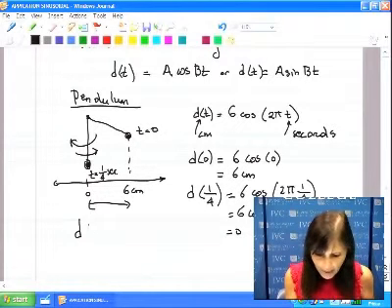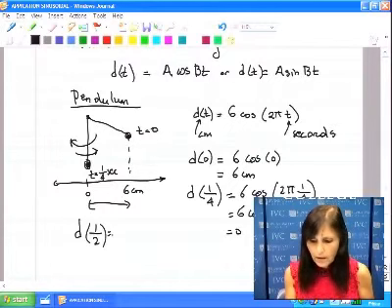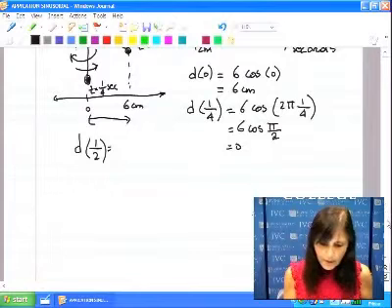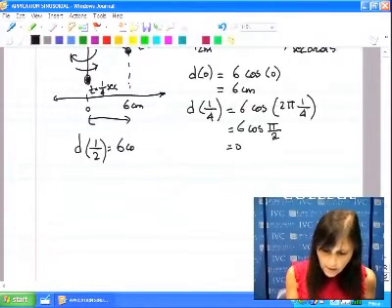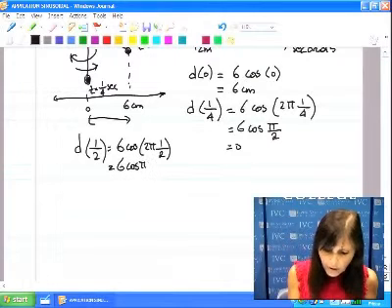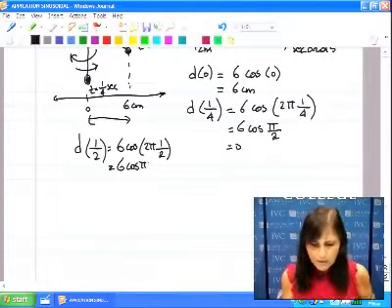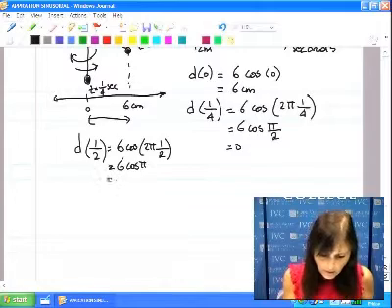What will happen at d of 1/2 seconds? And let's go look at that. At d of 1/2 seconds is going to be 6 times cosine 2 pi times 1/2, which is 6 times cosine of pi. Do you remember what cosine of pi was? That is on the other side of the unit circle. So that was -1. So it's -6.